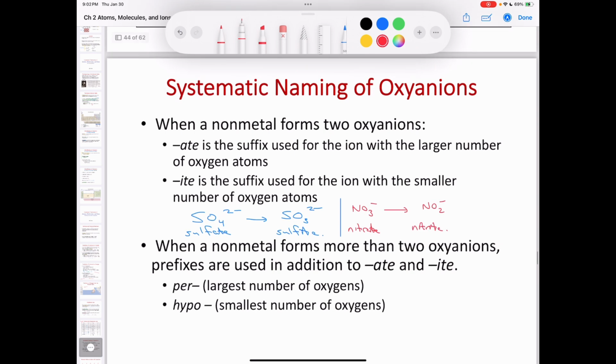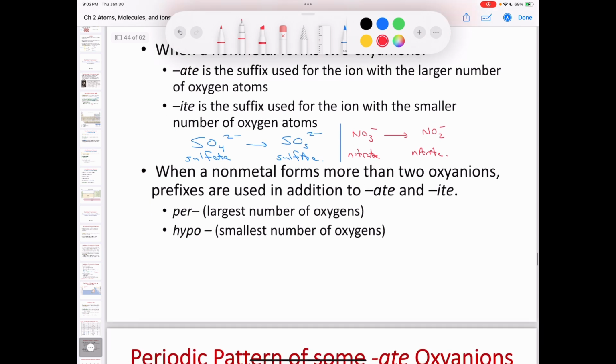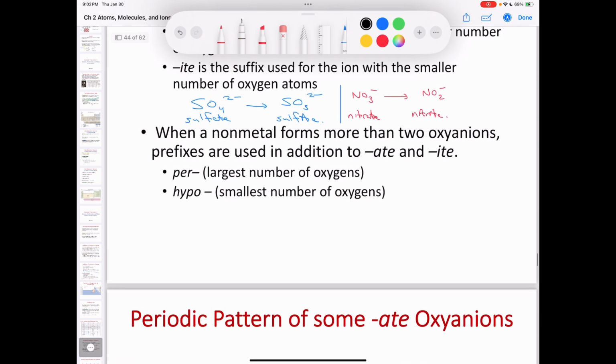When a nonmetal forms more than 2 oxyanions, prefixes are used in addition to -ate and -ite. So I told you that if you could memorize the chlorate, okay, or let's try it with iodine, okay? If we have IO3 minus, this would be called iodate, okay? And if we lose an oxygen, IO2 minus, you'd call that iodite, okay?